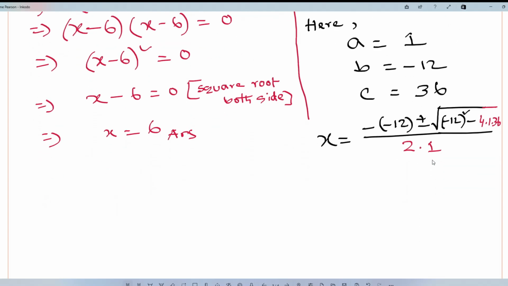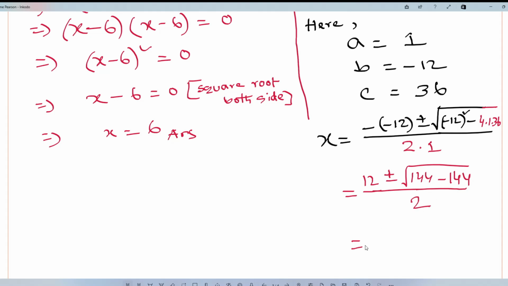Now look, here minus and minus becomes plus, so here is just 12 and plus minus. Minus 12 square means 144, and minus 4 into 1 into 36, 4 times 36, is also 144, and here is 2.